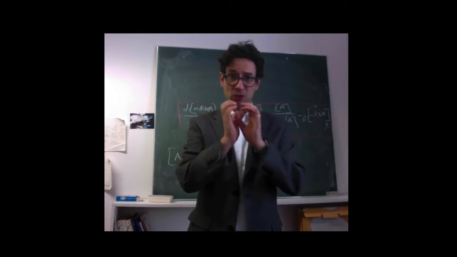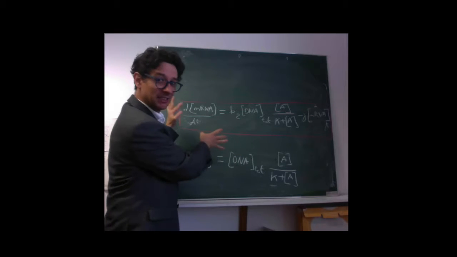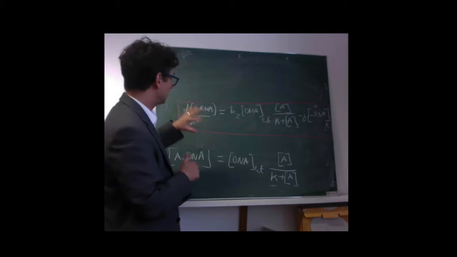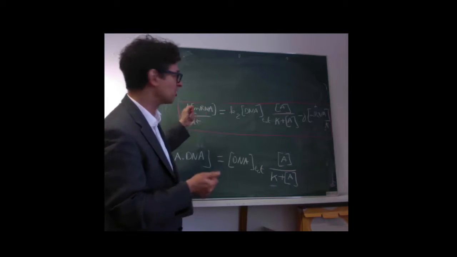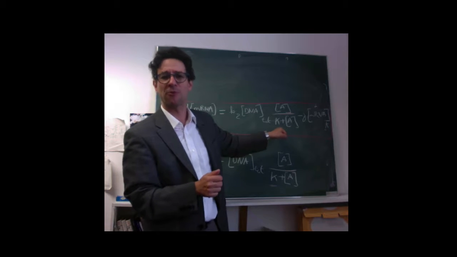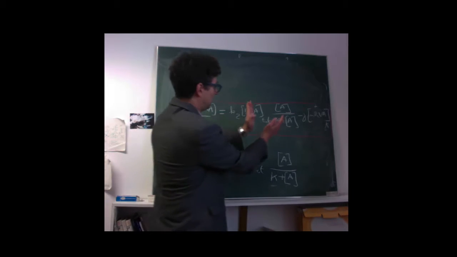Okay, so I would like to comment again about this very interesting relation that gives us the rate of gene production, mRNA production, gene transcription, as a function of the transcription factor concentration, the free transcription factor concentration.